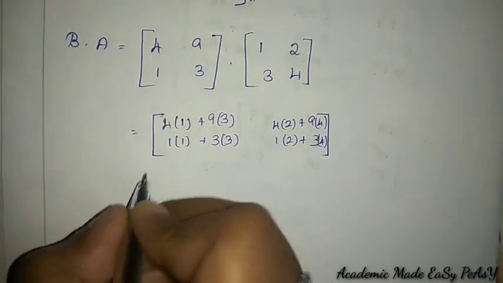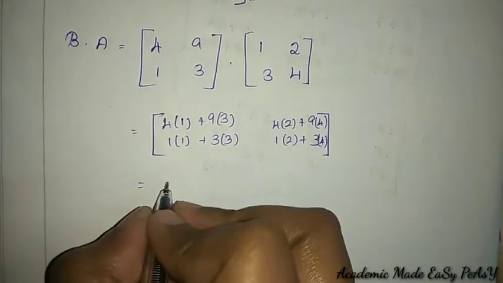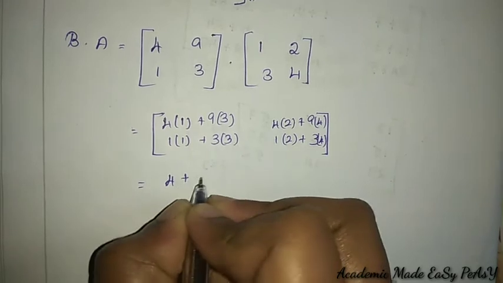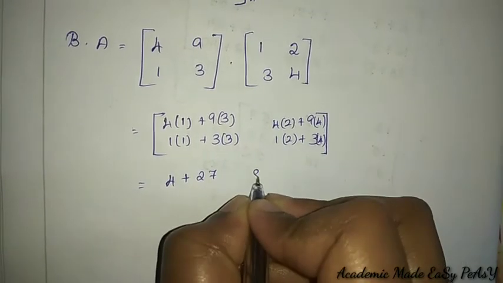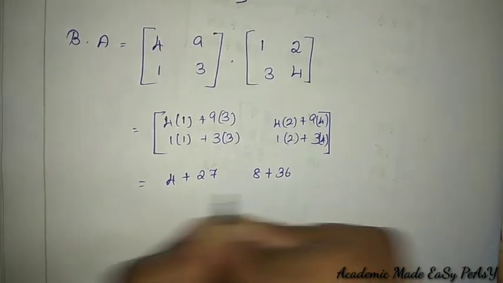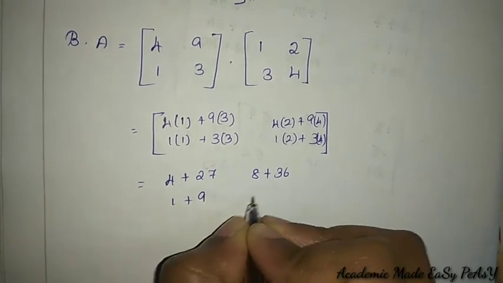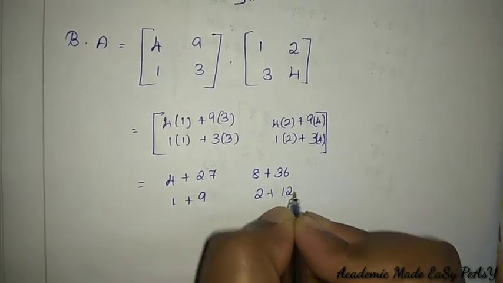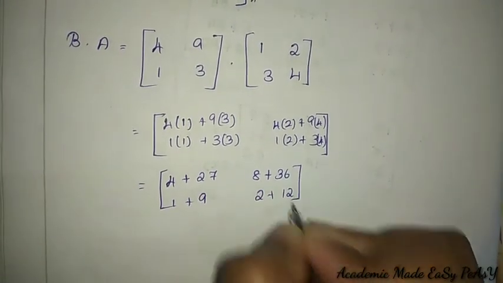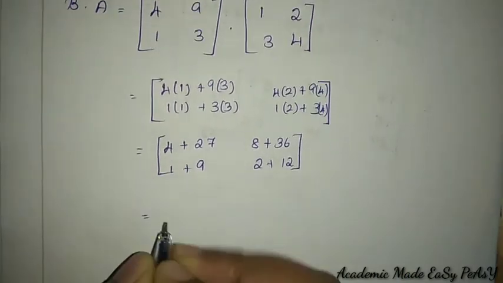So now 4 plus 27, 8 plus 36, 1 plus 9, 2 plus 12. So now I will add to get my matrix.